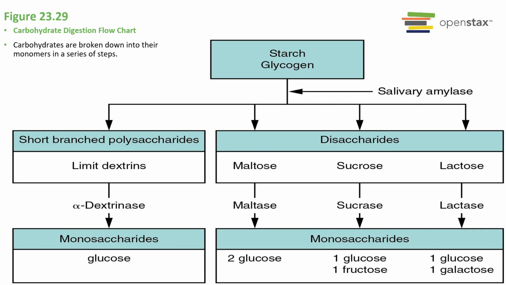This flow chart once again highlights the breakdown of polysaccharides into disaccharides and monosaccharides, owing to the enzymes such as amylase, maltase, sucrase, and lactase, as mentioned earlier. One of the primary end products of carbohydrate digestion is glucose, which then can be absorbed.